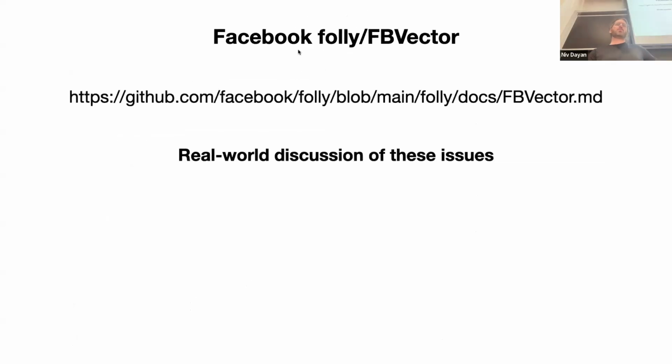And in fact, Facebook, Meta, has their own library of data structures. And if you look at the Facebook vector of the Folly library, follow the following link, you'll actually find a discussion of precisely everything we've seen here. Right, and why they use 1.5 as a size ratio because of this discussion and issues.